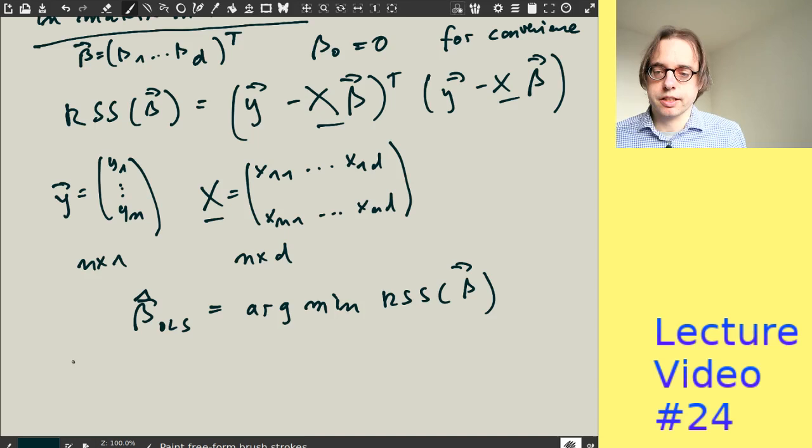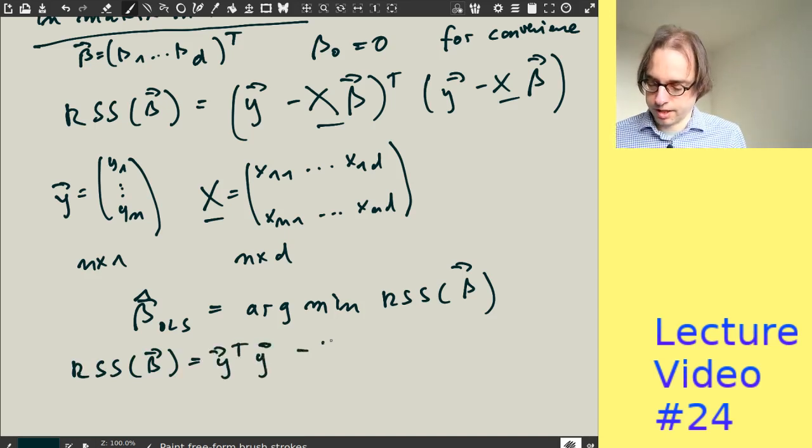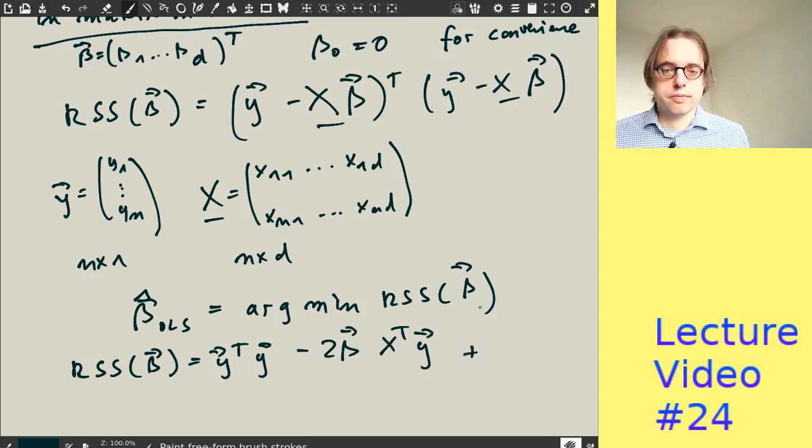We can write the residual sum of squares of beta as y transpose y minus 2 beta transpose x transpose y, plus beta transpose x transpose x beta, just multiplying out this product.